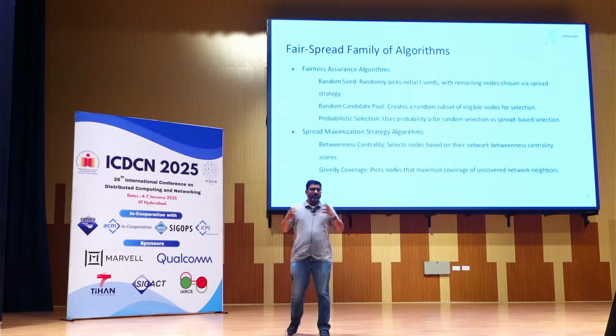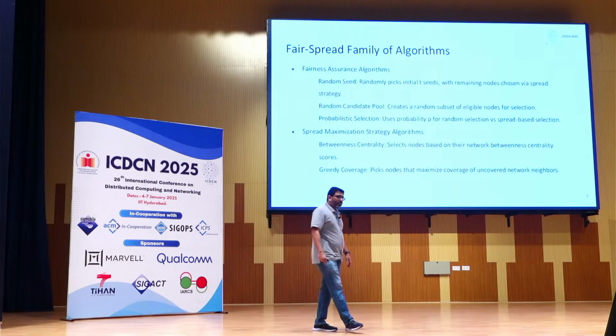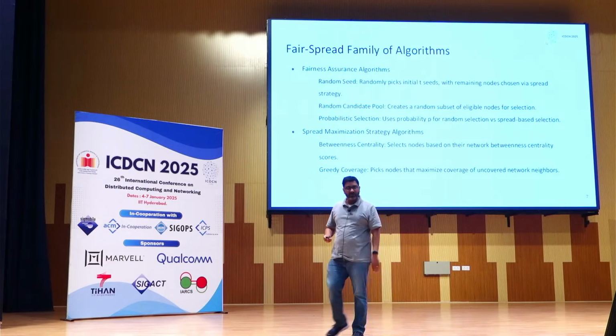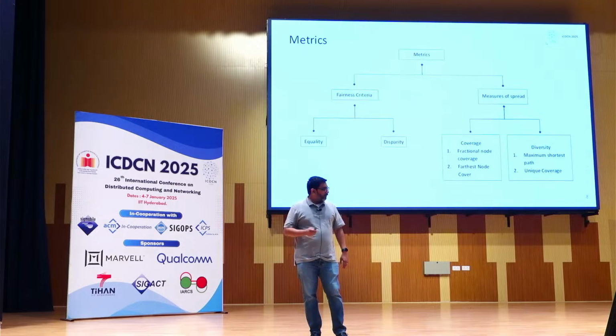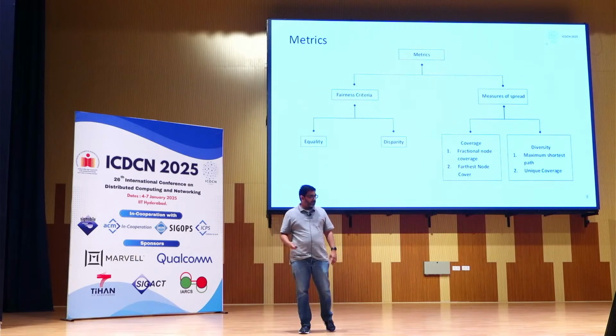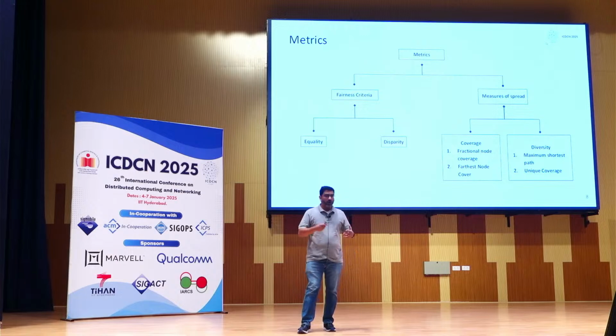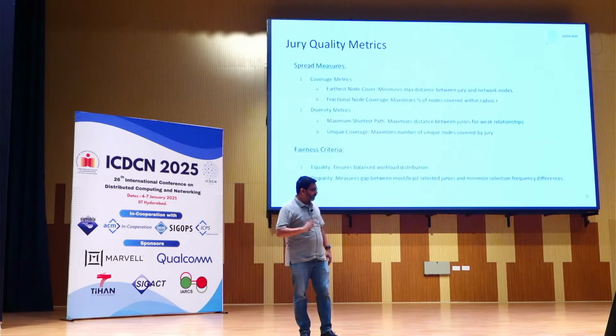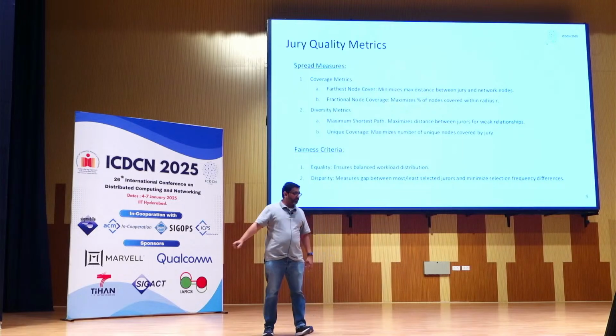So again, these were two different ways to mix and match fairness and spread, just candidate examples that I'm giving. We had some metrics as well for measuring all these criteria: how fair is it, how well spread within the network is the jury, and so on. I'm not going to spend too much time on that.